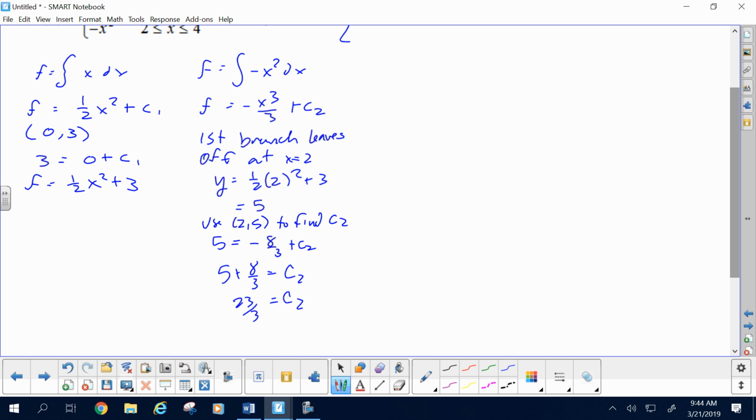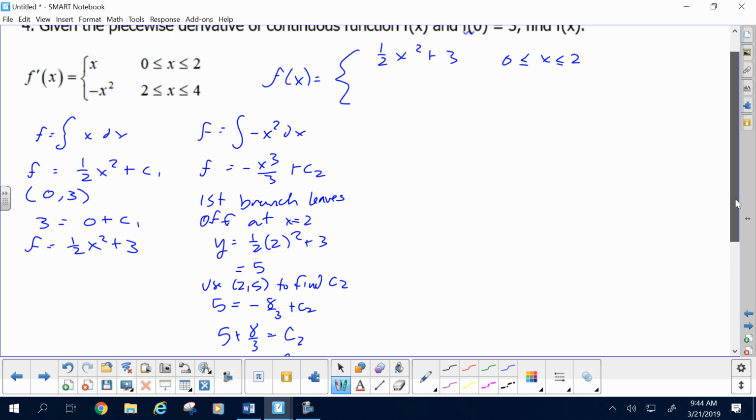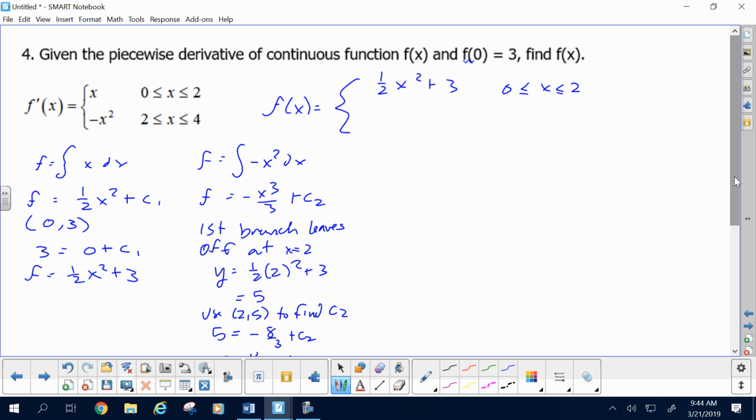How are we doing? Did you get 1/2 x squared plus 3 for your first branch? Good, you're on the right track.